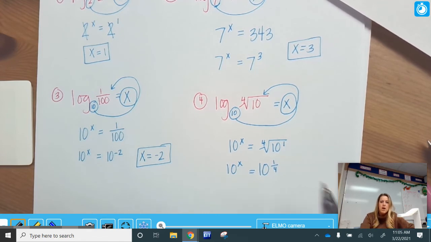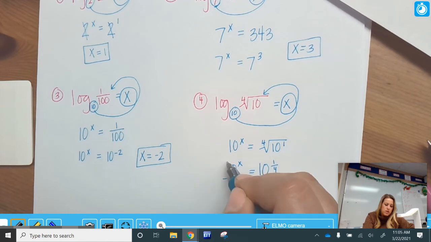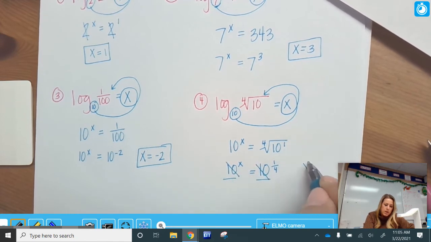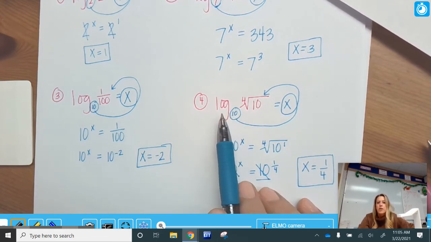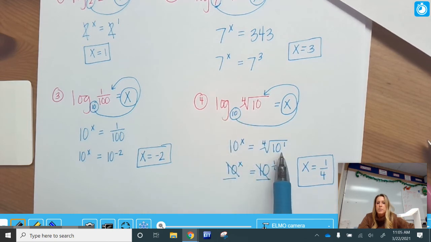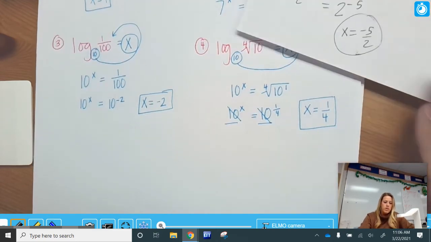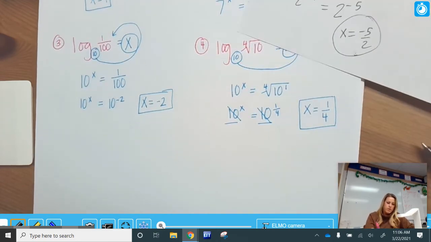Our exponents are going to equal each other, and there is our answer. So again, I converted from log form to exponent form, and then I converted from rad form to exponent form, and those exponents have to equal each other. Okay, we're going to do 2 more, and then you will try some on your own.